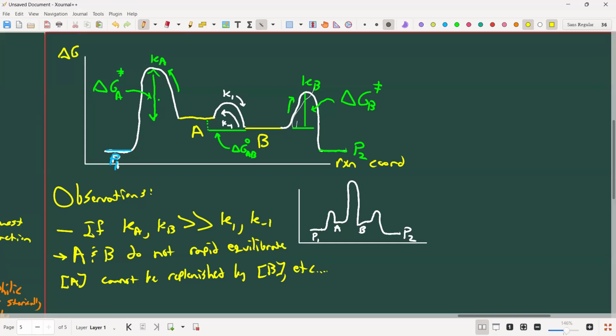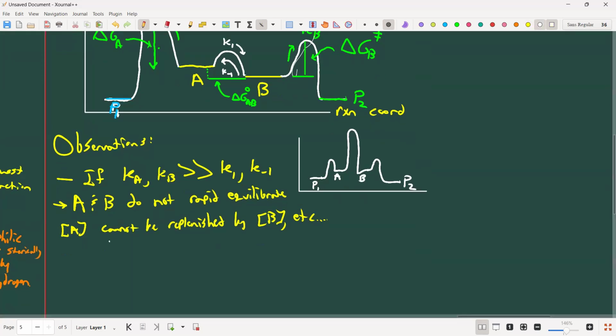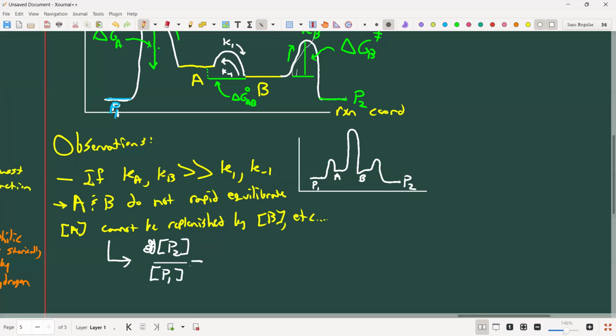Here, Curtin-Hammett doesn't apply, because the amount of P1 that I get only depends on the amount of A I have and its rate. And P2 only depends on how much B I have. So in this situation, P2 over P1 is only going to be dependent on how much A or how much B I have.